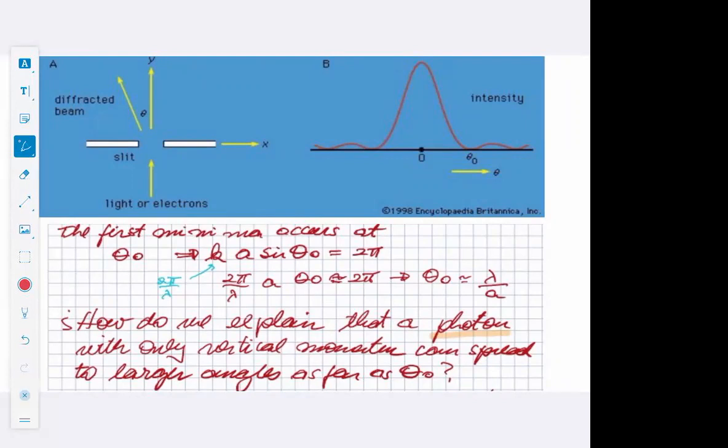If you confine a particle to a region of space, then in that region the range of momentum allowed for the particle in the same direction is limited.